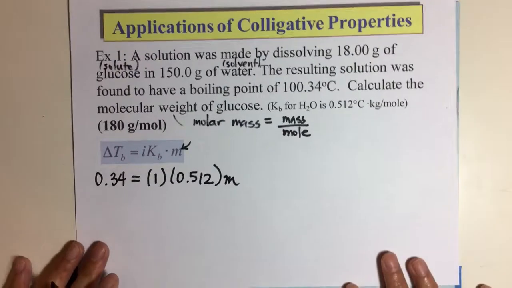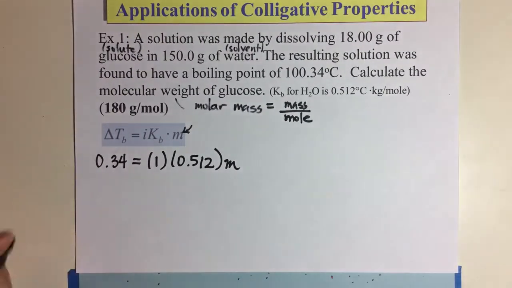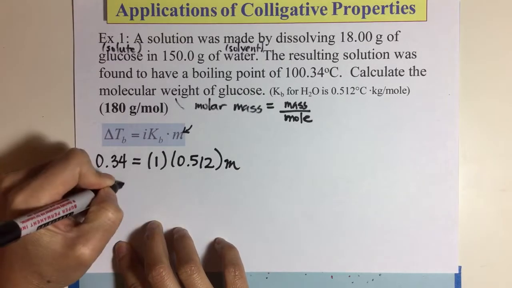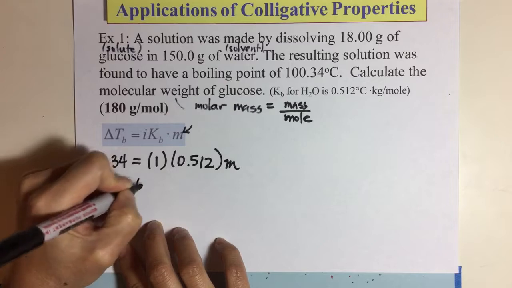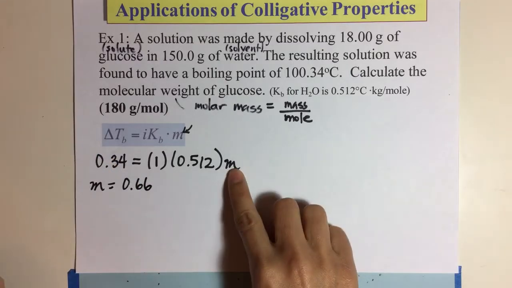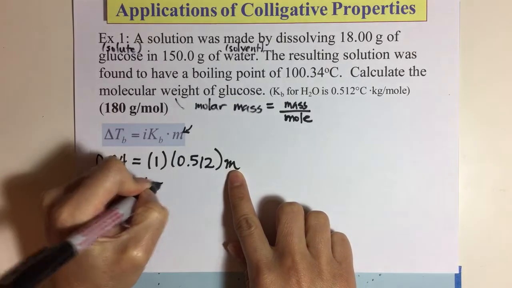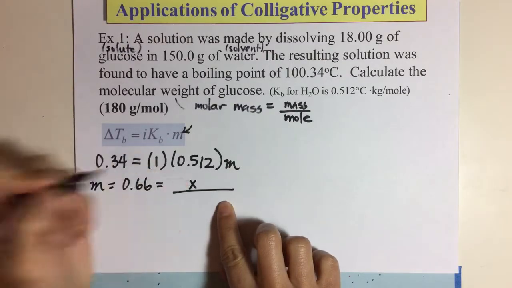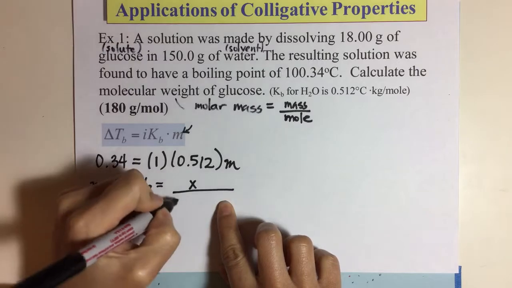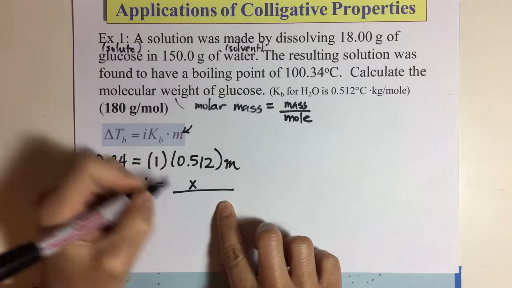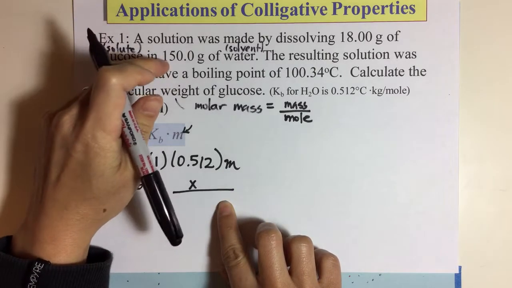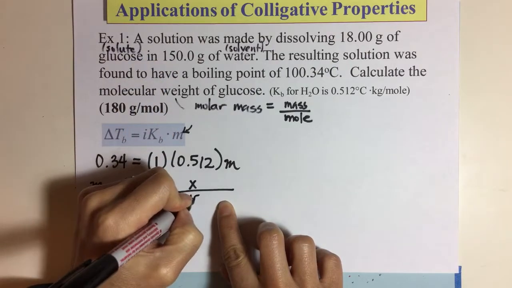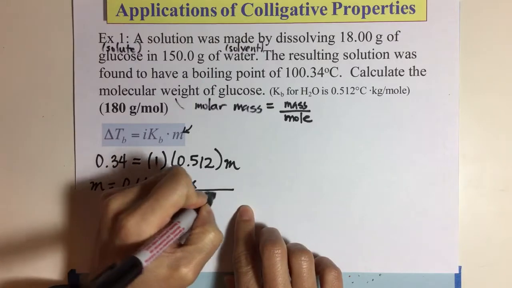And so what we're solving for is the molality. In solving for the molality, we then get a value that is 0.66. This is solving for molality. And I know what molality is defined as. Molality is defined as the moles of solute, which is glucose, over the kilograms of solvent. And we have the grams of solvent, which we can convert to kilograms quite easily by moving the decimal place over to the left 3 spaces.